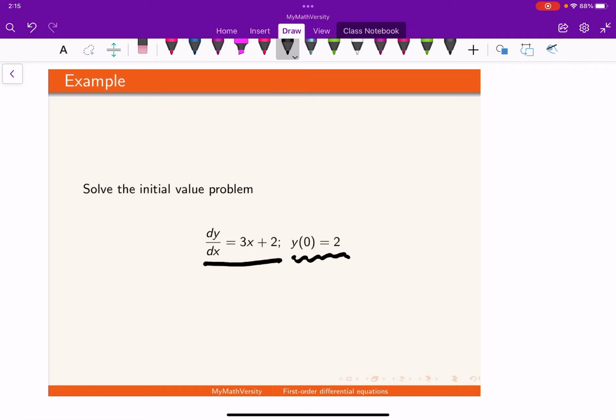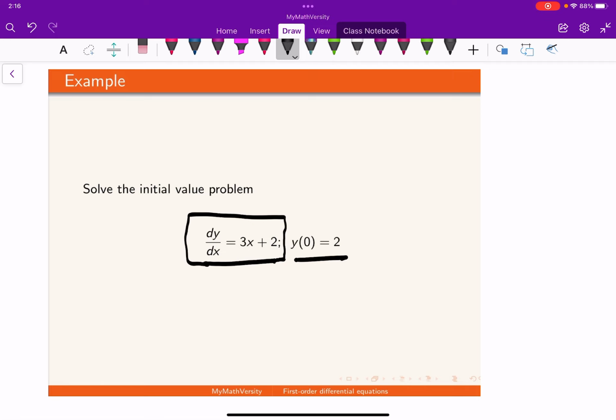So how do we solve this initial value problem? Since we have been given two conditions, one is the differential equation and one is the condition satisfied by the function. First of all, we try to come up with a function or a set of functions that will satisfy this differential equation, which is known as the general solution.